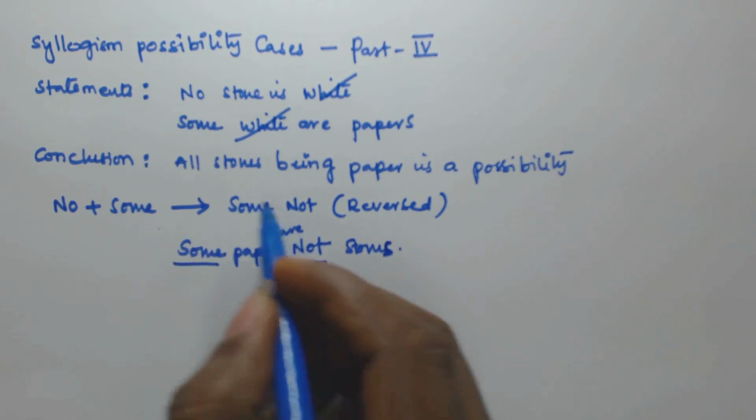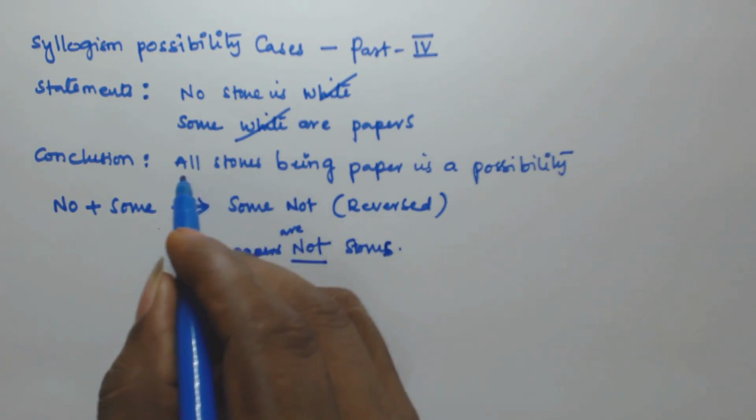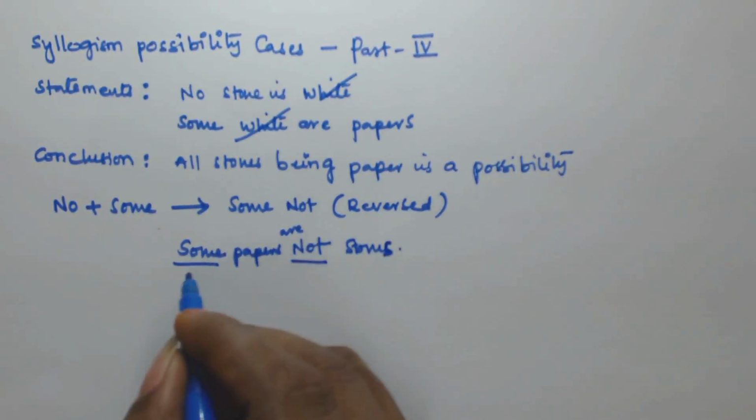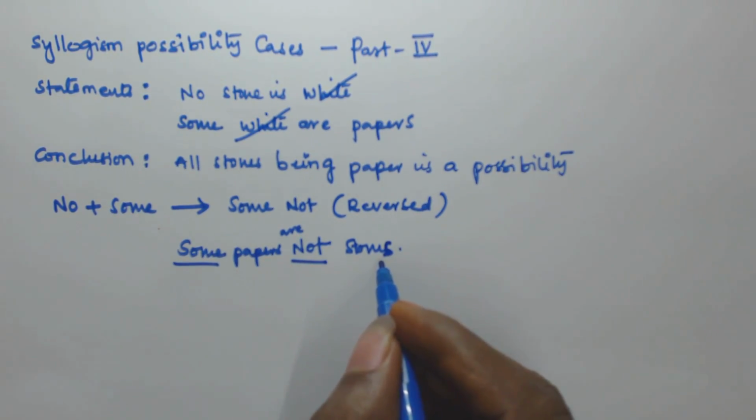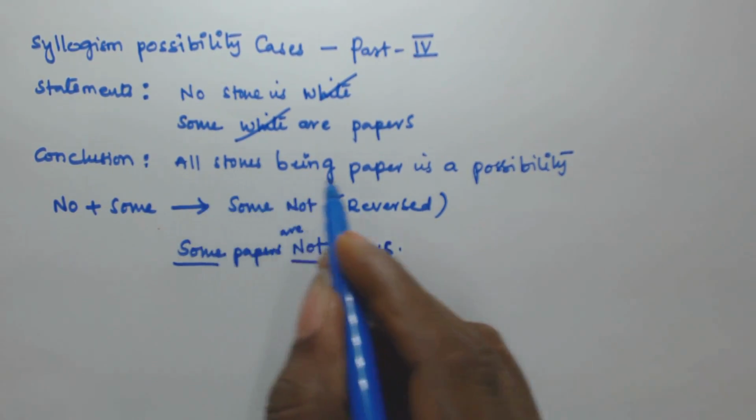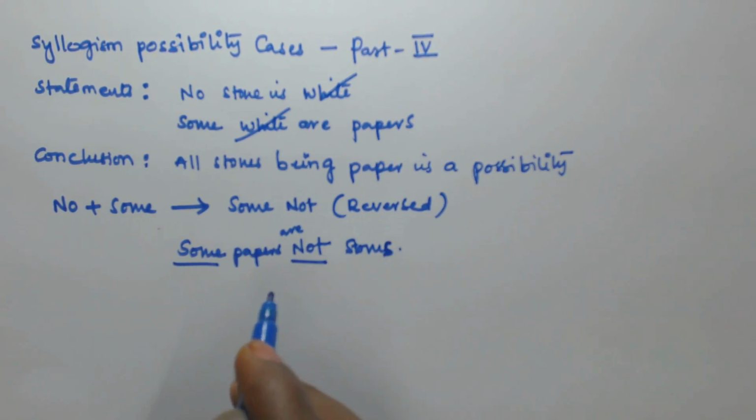But this is not the conclusion which is actually given. Some papers are not stones, but the given one is: all stones being paper is a possibility.